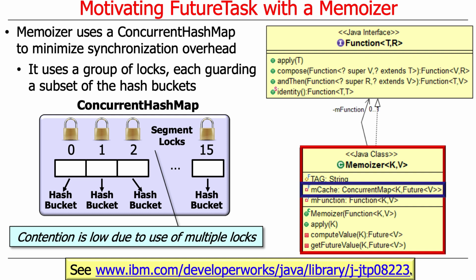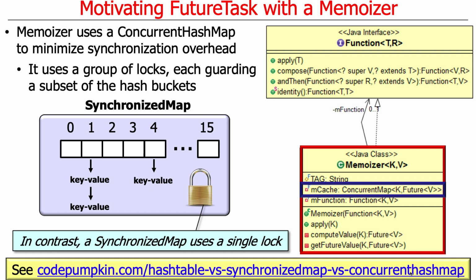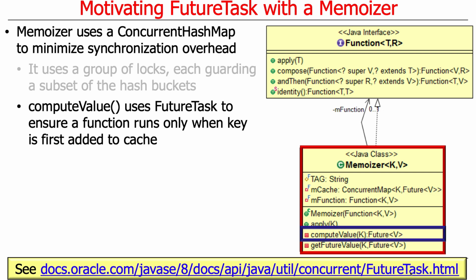So you have different locks protecting different portions of the hash table. So your likelihood of having contention is much lower because you're partitioning the locking space up quite a bit. And that's in contrast to even earlier versions of synchronized collections like synchronized map, which only has a single lock and therefore becomes a point of contention.